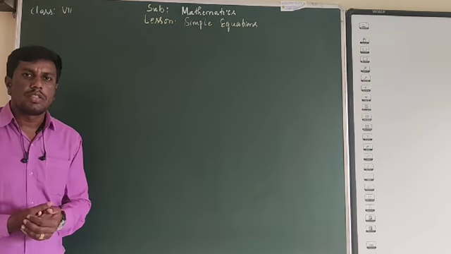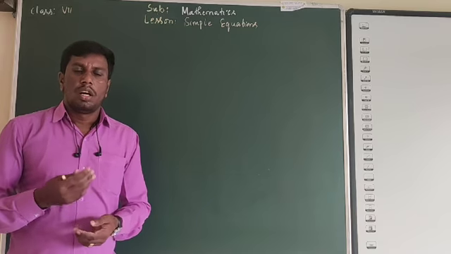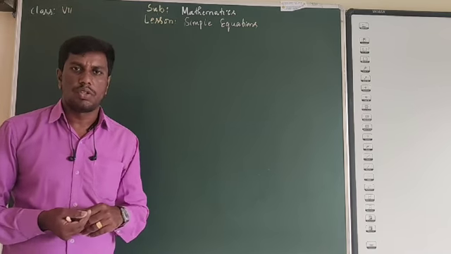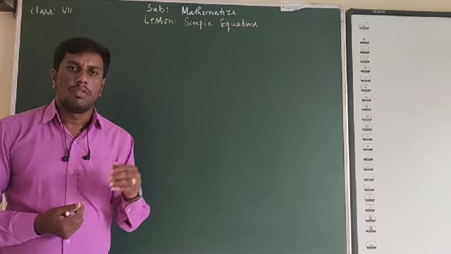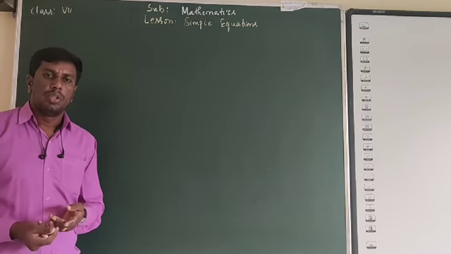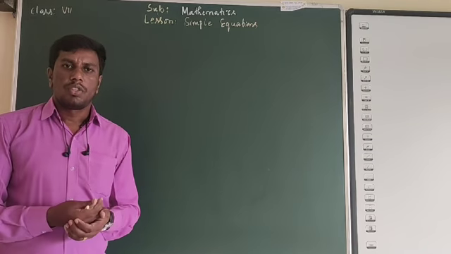So in the last class we discussed how to form equations for real-time situations. As I solved two questions, the remaining two questions I have given as homework, so you need to solve them and send them to me.